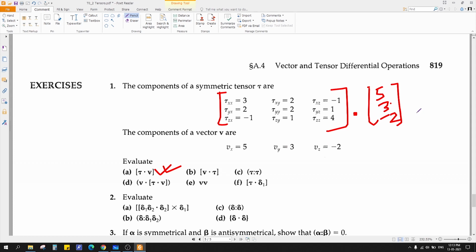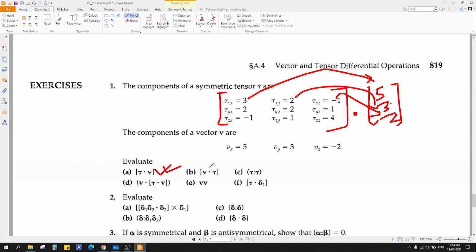How to calculate this? It's simple. You just take this as a matrix multiplication. So the first row is 3, then 3, multiply this, multiply this, and add them all.